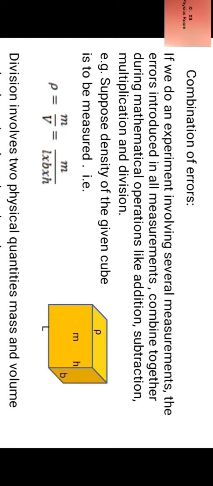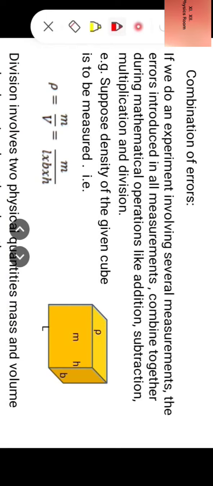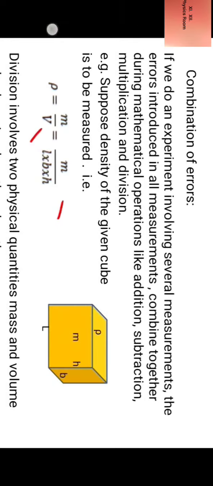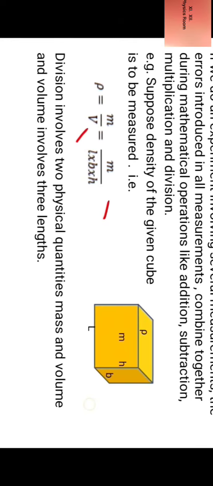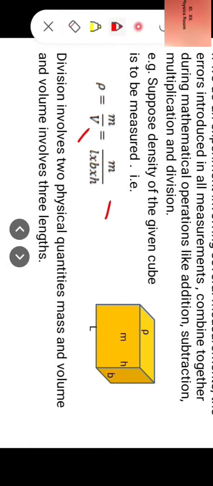For example, suppose density of the given cube is to be measured, that is, rho is equal to m by v, which is equal to m divided by length into breadth into height of the cube. Now, this division involves two physical quantities, mass and volume.